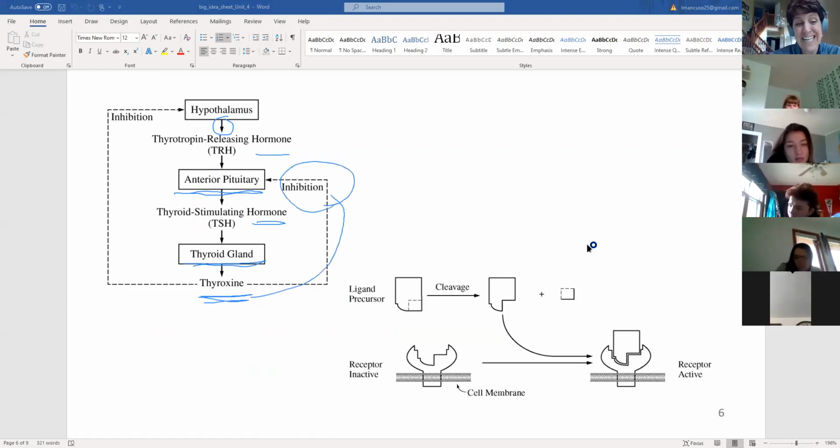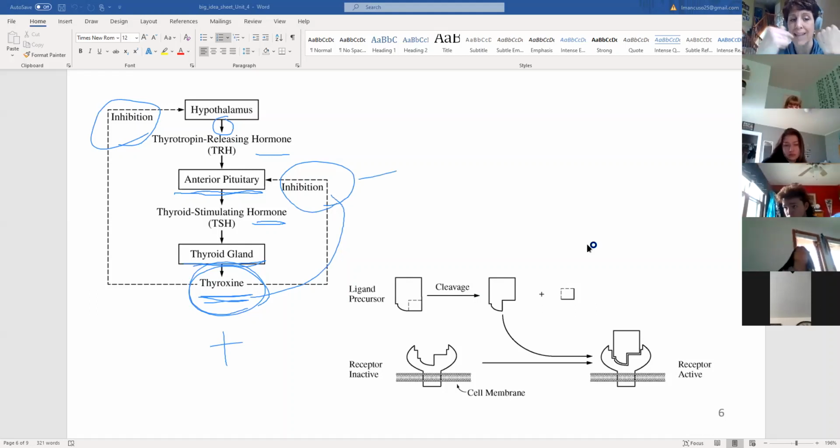If you go back and inhibit something else, you are able to control how much the hypothalamus makes TRH and how much the anterior pituitary makes TSH. So if you make too much of this, put a big plus sign, it will inhibit, it will negative feedback and turn off the anterior pituitary. Then when eventually you don't have as much of this left, you're not going to turn this off anymore, and you're going to start making it again. So that's just really a feedback loop.